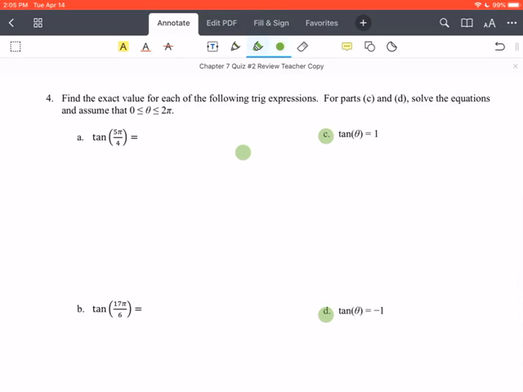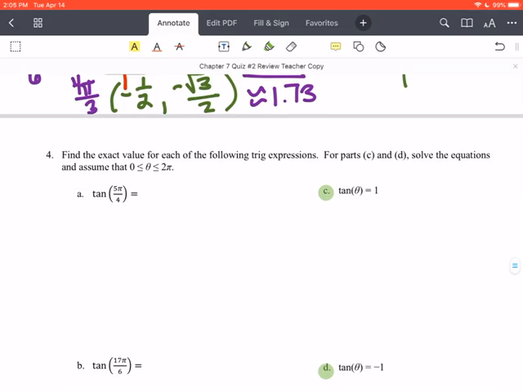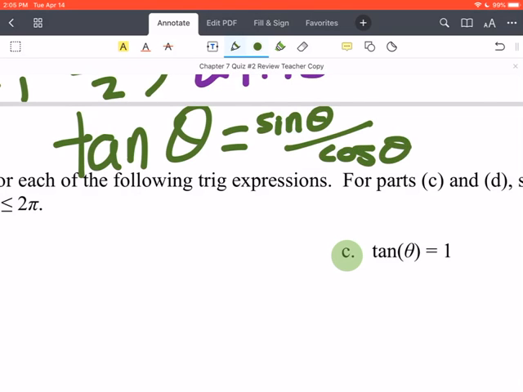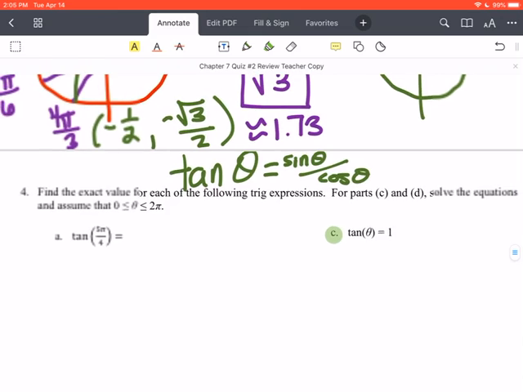Okay, now again, I already went over this on the last page, but just as a reference guide here, we want to remember that tangent of an angle called theta is equal to taking the sine of that angle and dividing it by the cosine of that angle.